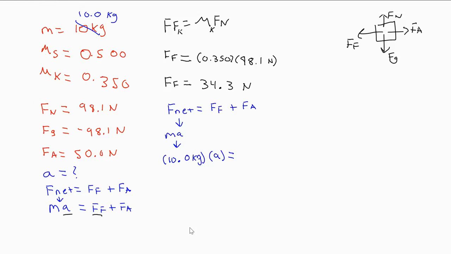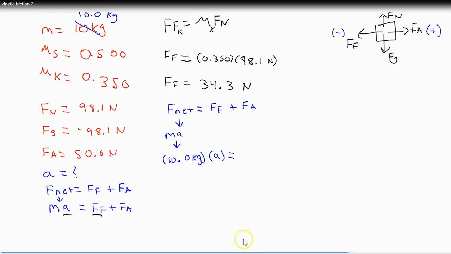But now I know my force of friction. And I'm going to decide to call left negative and right positive. So in this case, for my force of friction, I'm going to plug in a negative value of 34.3 newtons. For my applied force, because I called right positive, I'm going to plug in a positive value of 50.0 newtons.